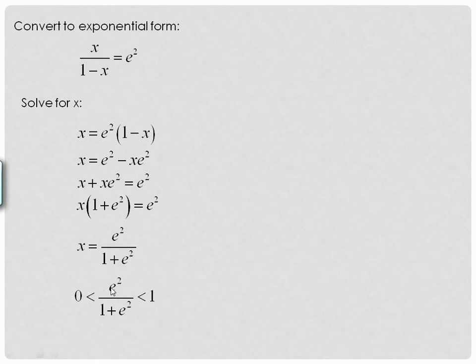If e is 3, 3 squared is 9, and then 1 plus 9 is 10. 9 out of 10 is between 0 and 1. And really, e could be any number. e squared over 1 plus e squared, as long as e isn't 0, is always going to be a number between 0 and 1. Okay, so this is our answer for x.